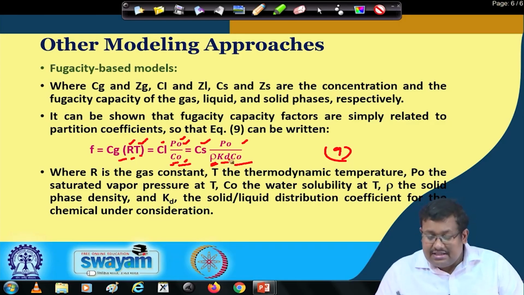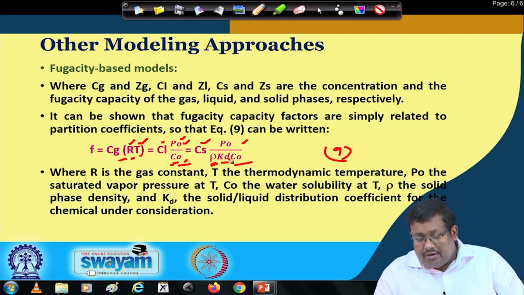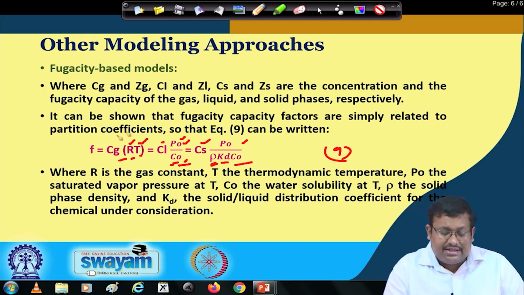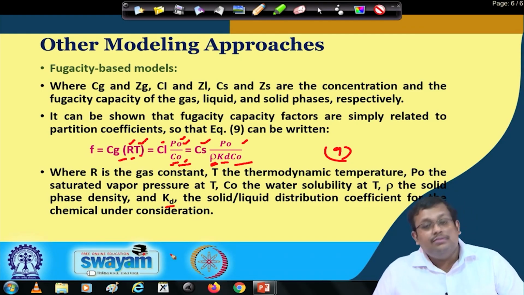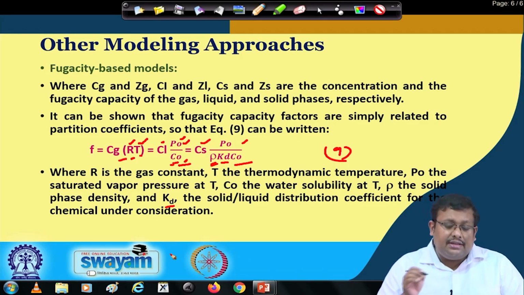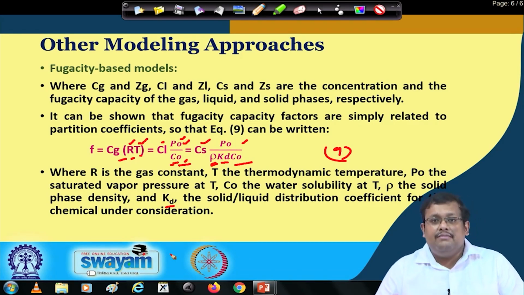We have already discussed the distribution coefficient in our previous lecture, for the chemical under consideration. So, you can see that this fugacity term can be expressed in terms of different types of partitioning coefficients. This is how we can simplify the fugacity in 3 different media for solid, liquid and gaseous phases.